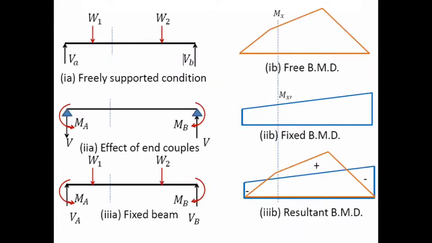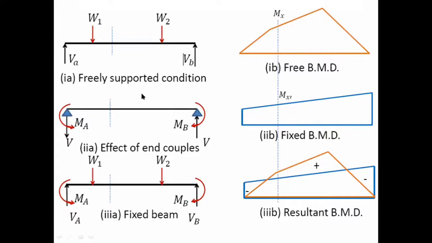Now what we are going to do, this is our final values or summary of what we have done till this time. First, we made the supports free, simple supports, and then we drew the free BMD.